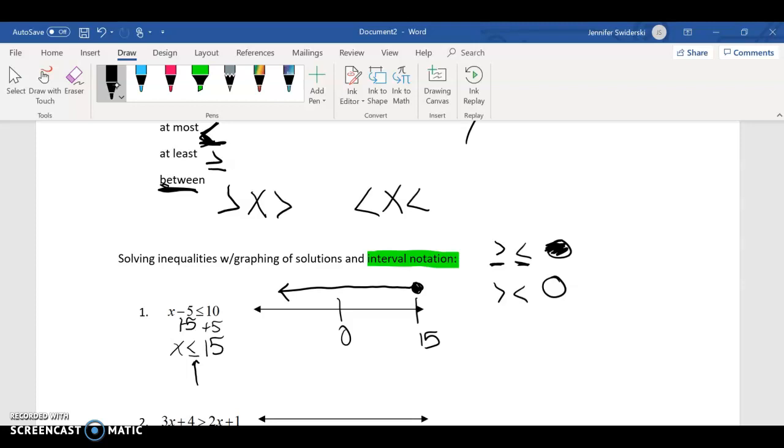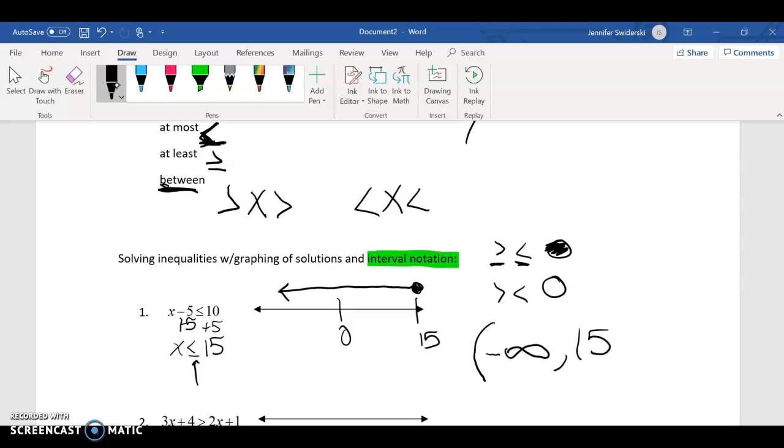Now, interval notation, all right, we know that the solution all the way over here says that, hey, it's going on forever, right? It goes to negative infinity. So that means for my solution, I'm going to put parentheses, all right, because it goes on forever. Solutions could be anywhere on this graph all the way to negative infinity, and going this way, solutions can be any number all the way to positive 15.